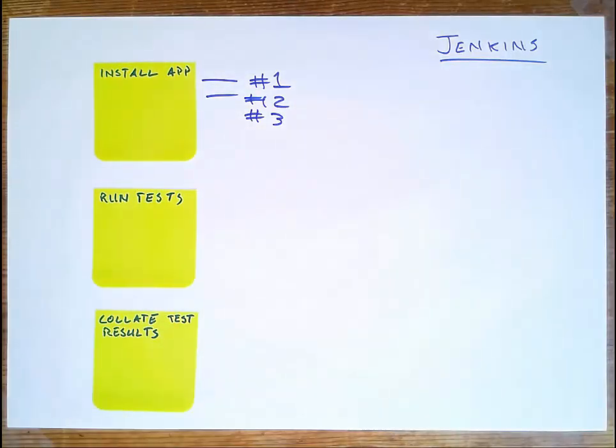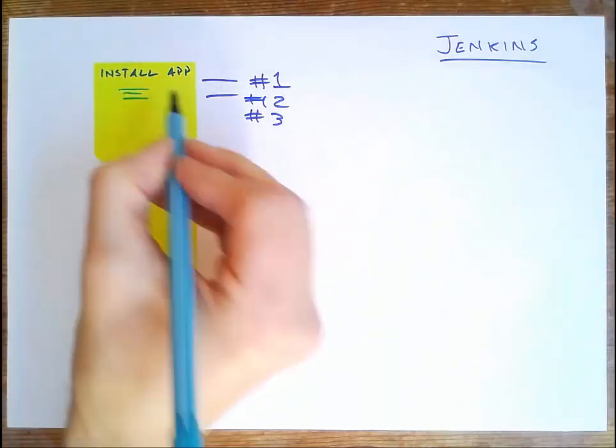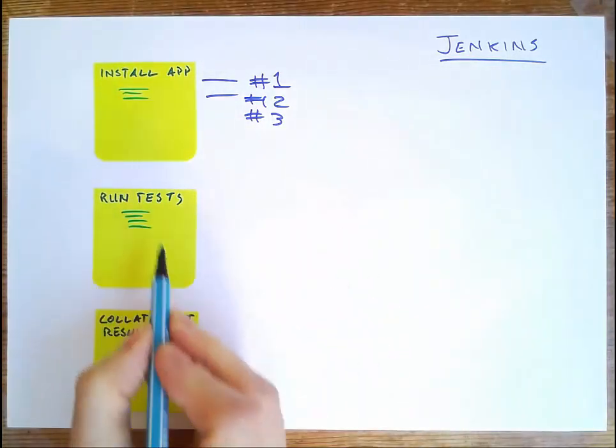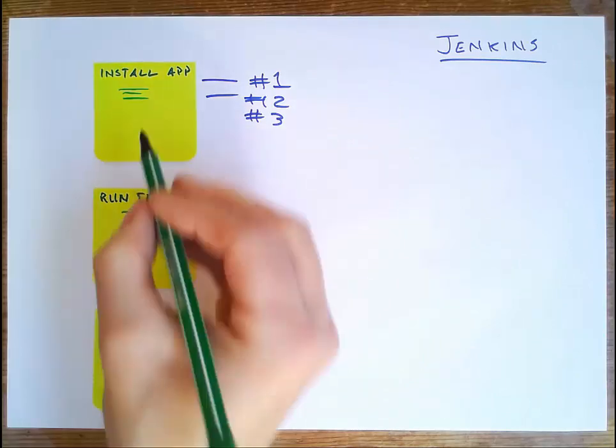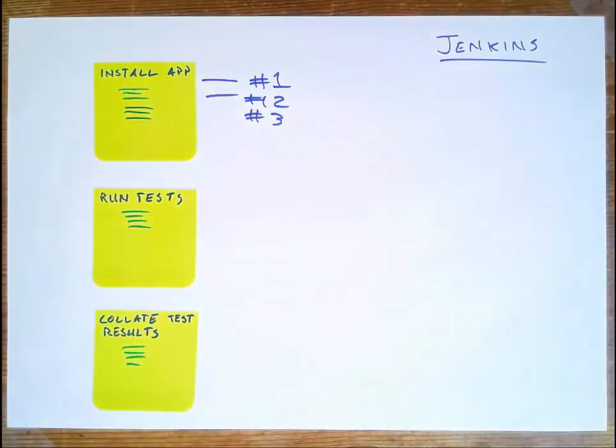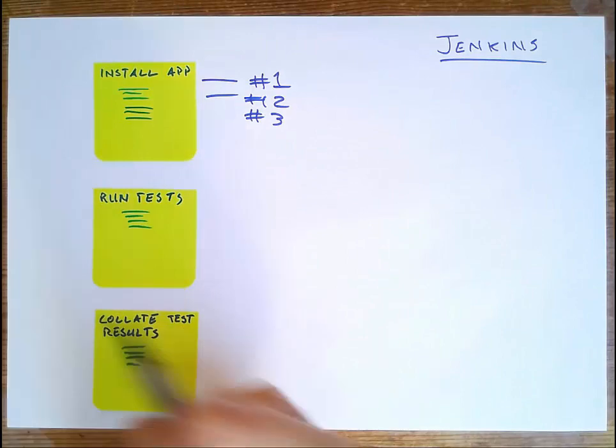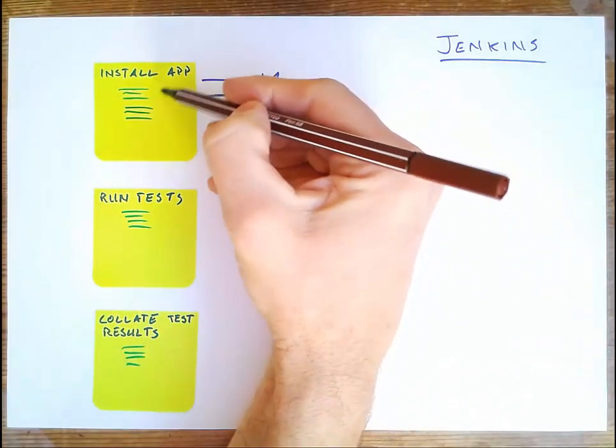Each job will consist of many steps. So this job might have 3 steps, and this one might have 4 steps, and these steps are generally split into 3 different categories. The first category is the setup and triggers.